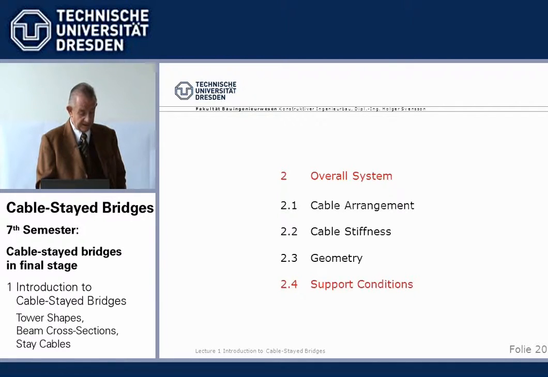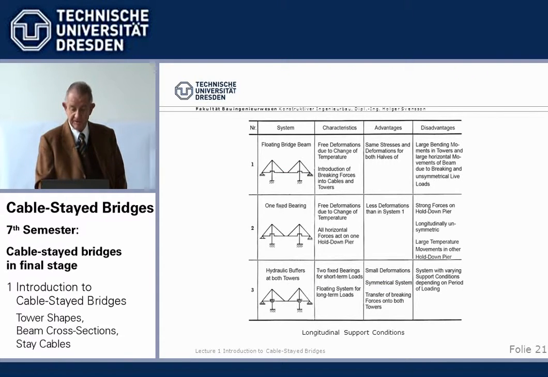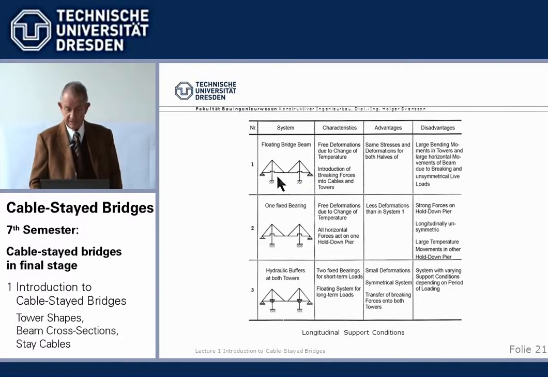And finally, we have here from the overall system some support conditions. I'll make that briefly. If we have high longitudinal forces from, say, railway braking, we want to distribute them. There are various ways. We can make it tight here. Then we have a lot of movement here.